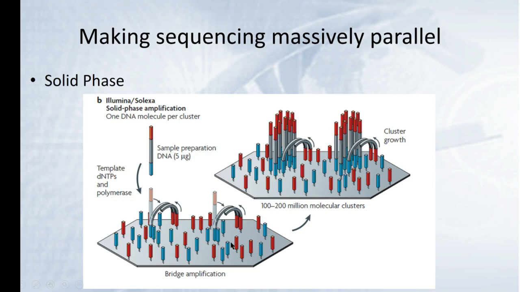And when this bridge amplification goes through several cycles, you end up with clustered groups of molecules that all have the same sequence, because they all derived from a single molecule that seeded the reaction there. And because they can't go very far, they produce these clusters around every one of the original molecules that sat down there.